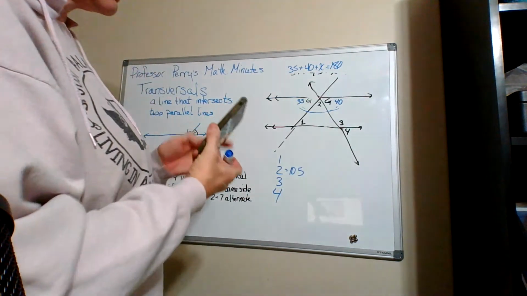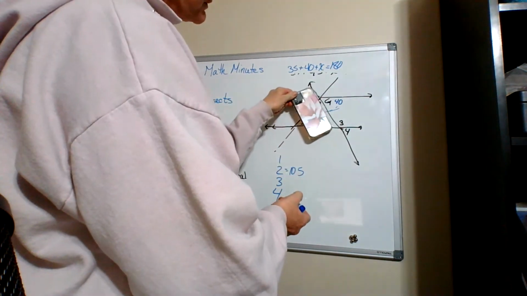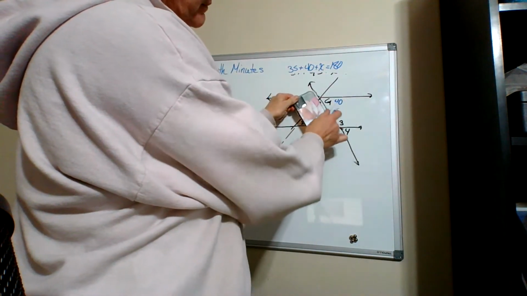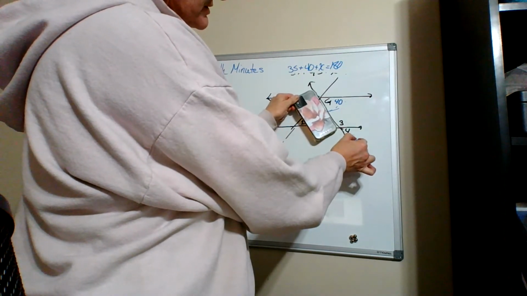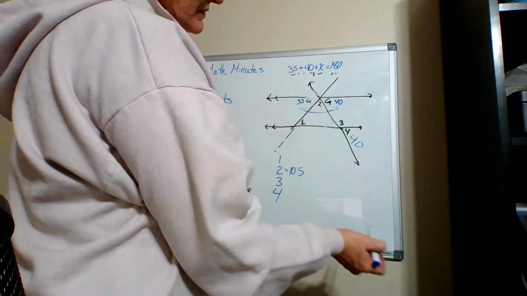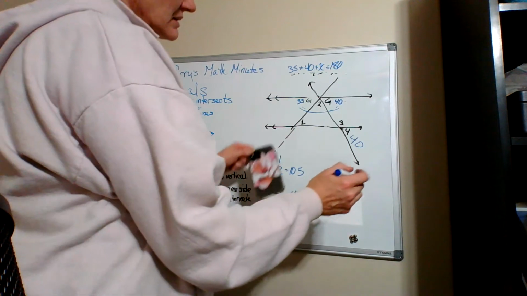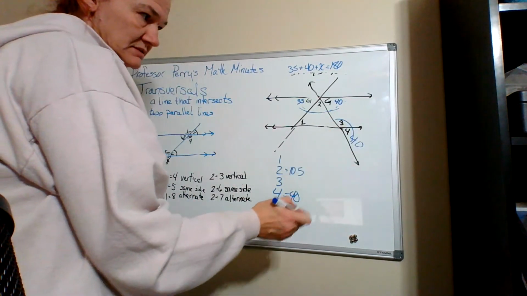Okay, now we're going to look at this right here. Okay, here's the one transversal. Okay, this one and this one are going to be equal. So this one is 40. Okay, these are supplementary.